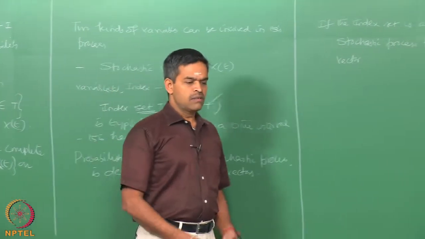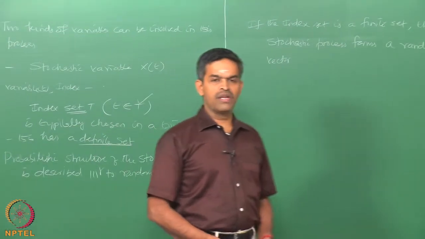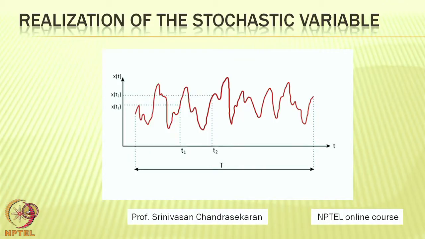Please pay attention to the figure shown on the screen now. The figure shows a realization of a stochastic variable, where the variables are x t 1, x t 2 and so on at t 1 and t 2. For example, for a given index value of t, let us select two values arbitrarily, t 1 and t 2.